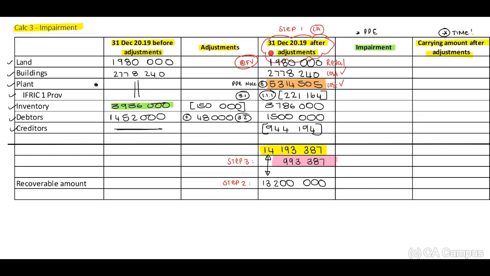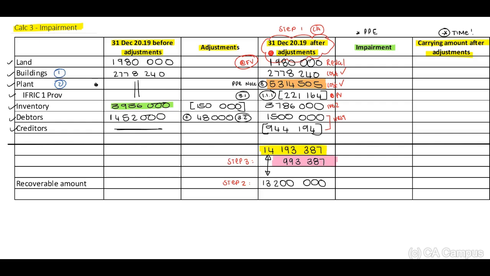Our IFRS 16 liability, this is already the present value. And remember, guys, we said that we can't impair liabilities. Our inventory, we have to follow our rules of IAS 2. Our debtors and creditors, we need to follow the rules of IFRS 9. Therefore, we can only allocate the impairment to, look at the left side of your screen, guys, please, our buildings and our plant. Okay.